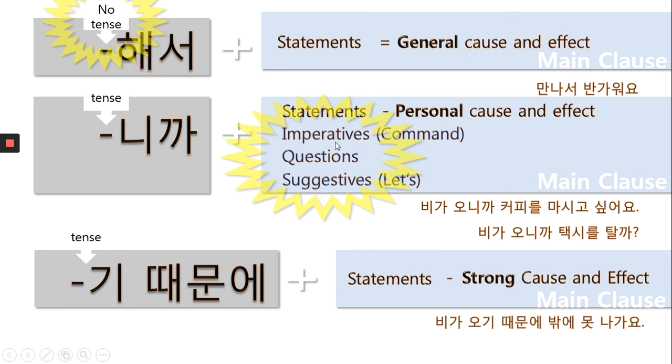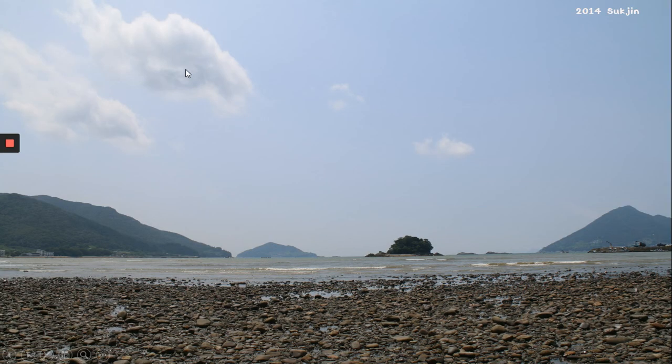In the main clause, when there is a command, question, or suggestive, definitely 니까. Okay? How about 기 때문에? I think it's hard. 네. But I think in our daily life we don't use 기 때문에 often. Okay. 네. So the most common because is 해서. Okay. Yeah. That's all.